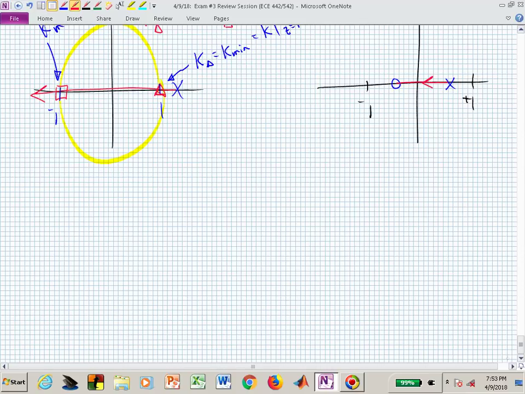So let's look at another one. Suppose now it's like we're playing tic-tac-toe, isn't it? Now we're just placing our x first and see what happens. Suppose we do this. Now what's the root locus look like?